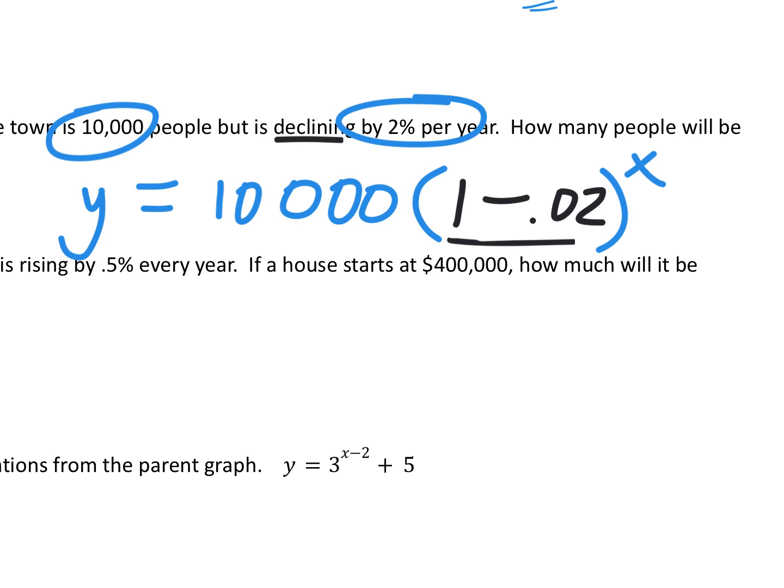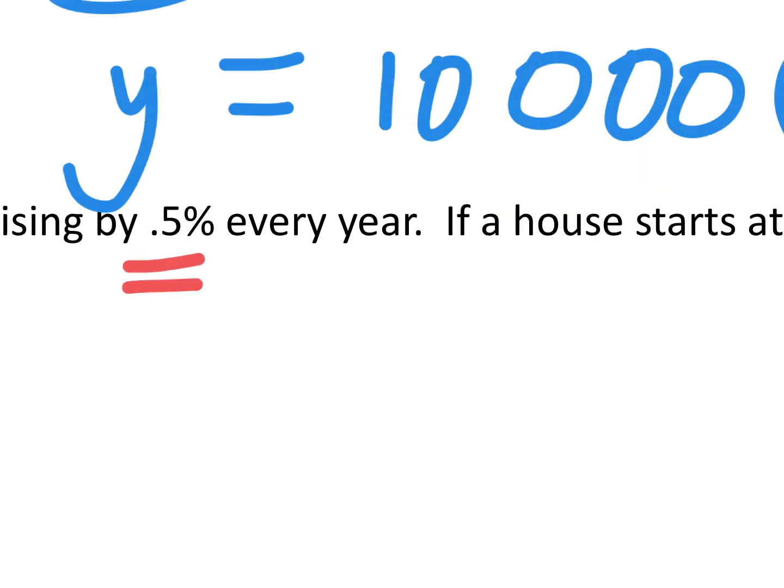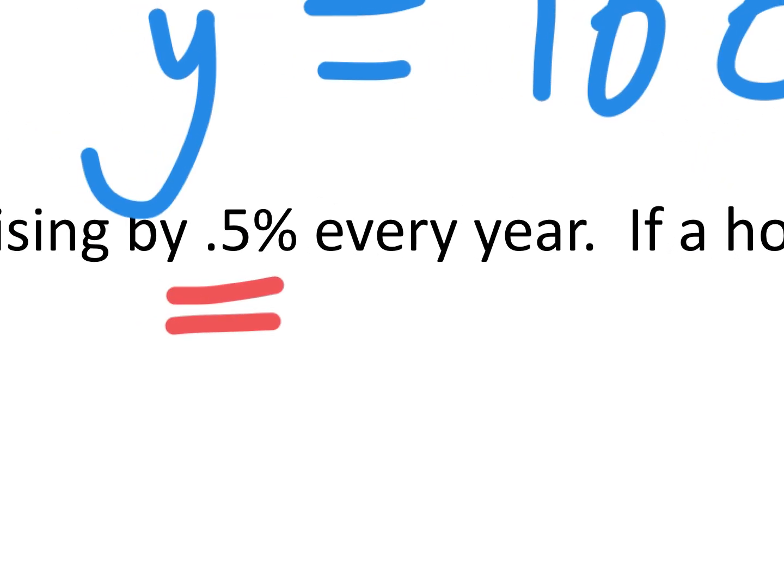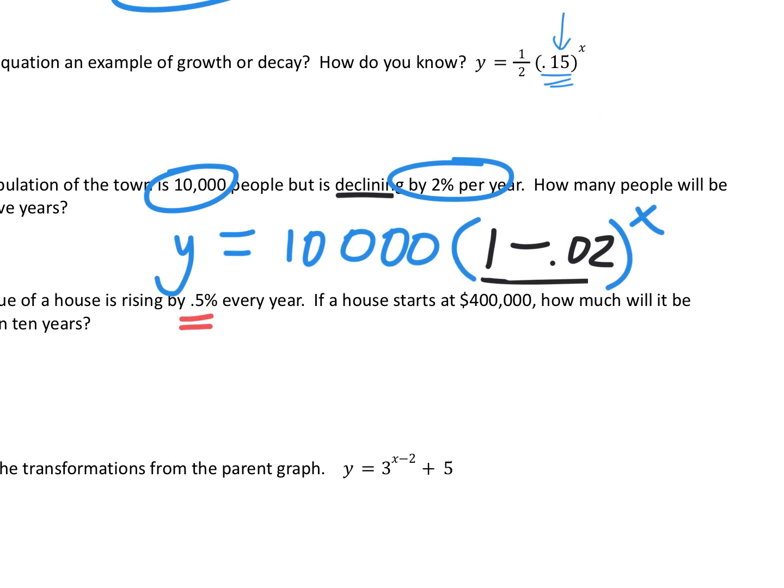All right. Next, you have to be careful because they're trying to trick you right here. 0.5%. People are like, oh, so you mean 50%? No. 0.5%. That's way smaller than 1%. That's 0.5%. You always put your starting number in front.